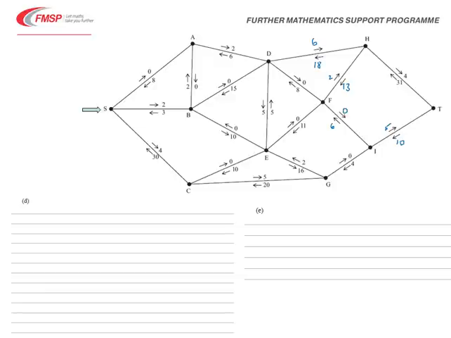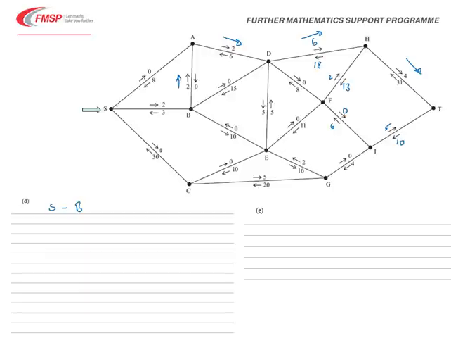So for example, we could go from S to B, and then from B to A, and then from A to D, D to H, and finally H to T. If we look along there, the smallest number in that direction is 2.